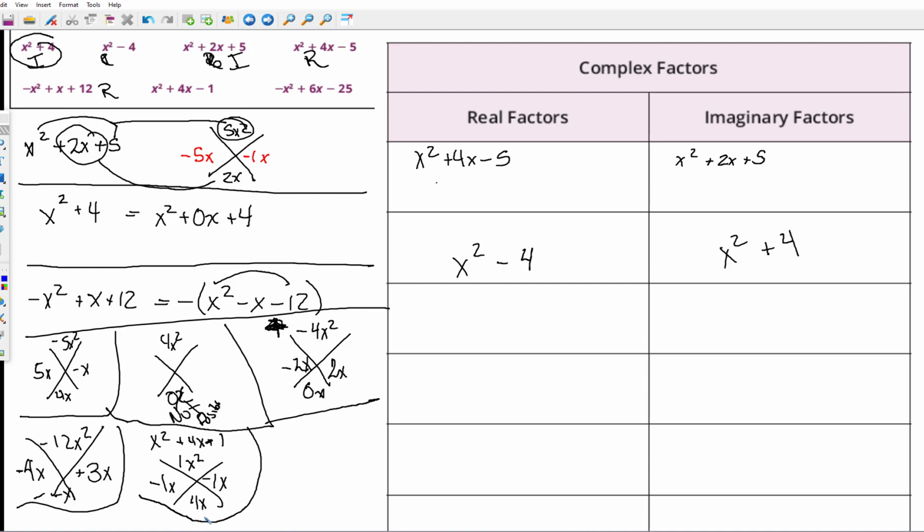Are those going to combine to give me 4x? Oh wait, that's supposed to be a 12 right there. No, that's not the right one. I'm doing this one right here: x squared plus 4x minus 1. So that doesn't work.